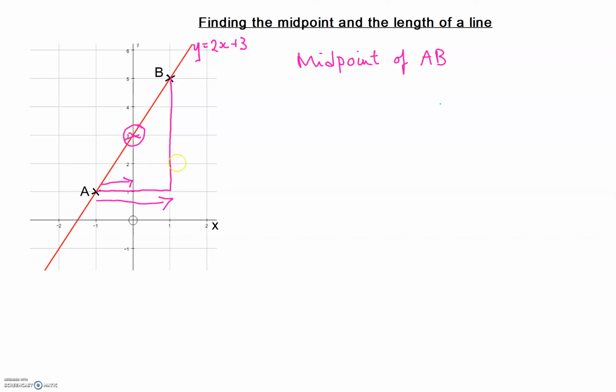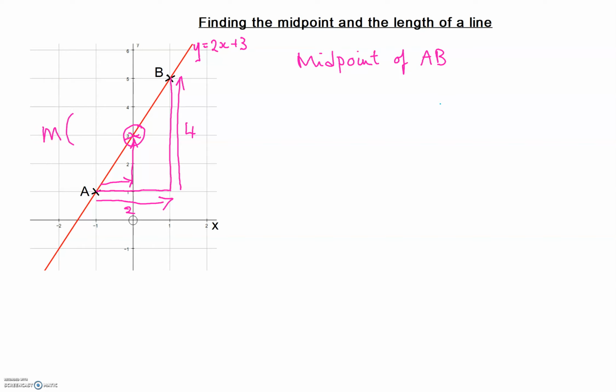And to get from A to B, you have gone up 4. And you're going to do half of that, which is to go up 2. And you end up at this point here. But what are the coordinates of this point? I'm going to call it M for the midpoint.